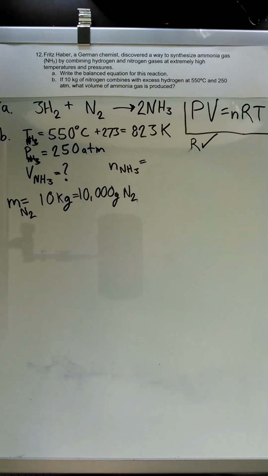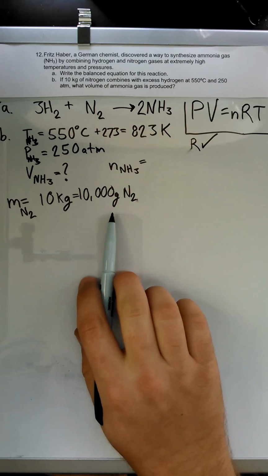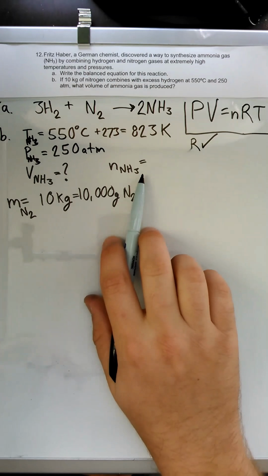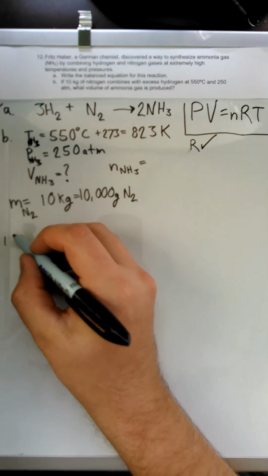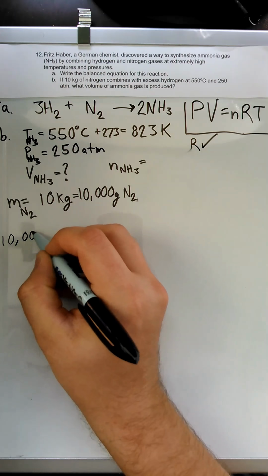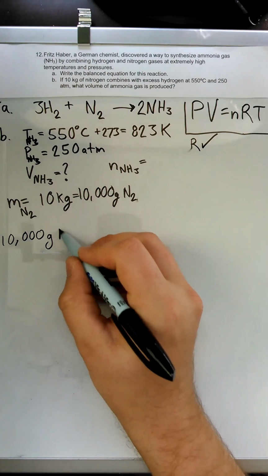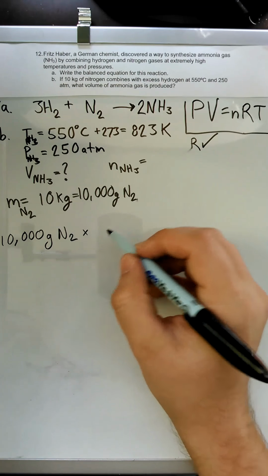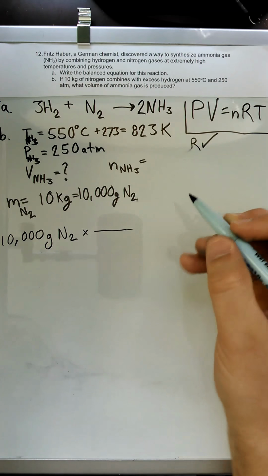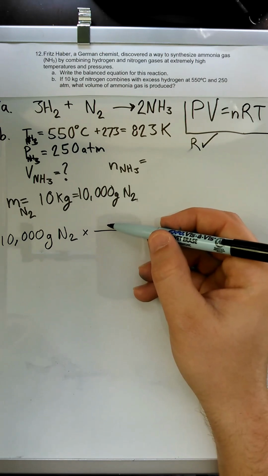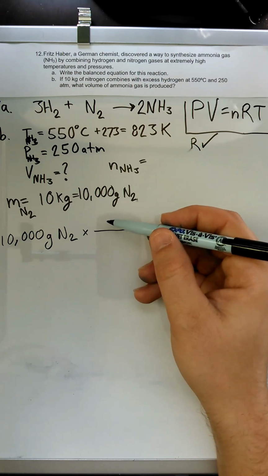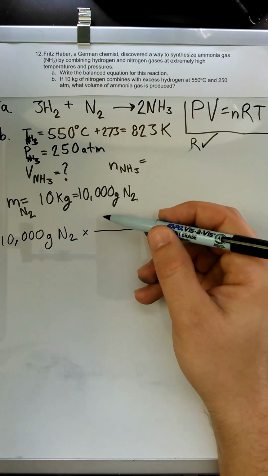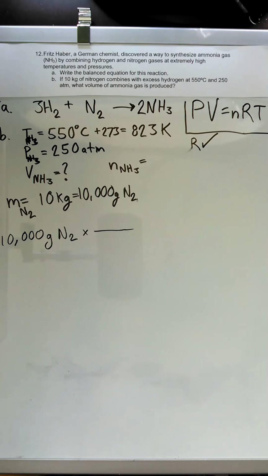Now, to convert the mass of nitrogen to moles of ammonia, we're going to take our 10,000 grams of nitrogen and divide this now by the molar mass of nitrogen.